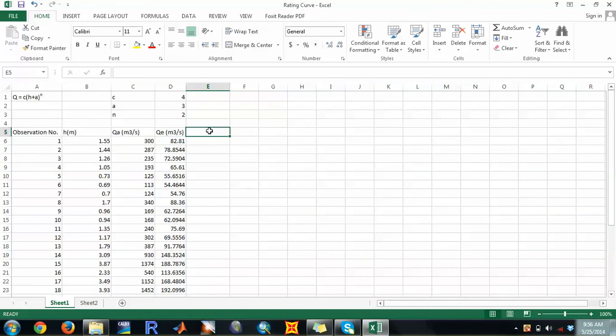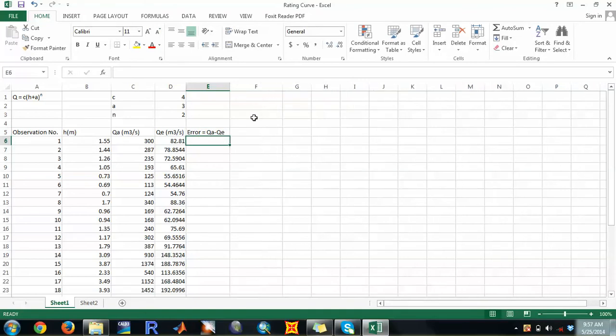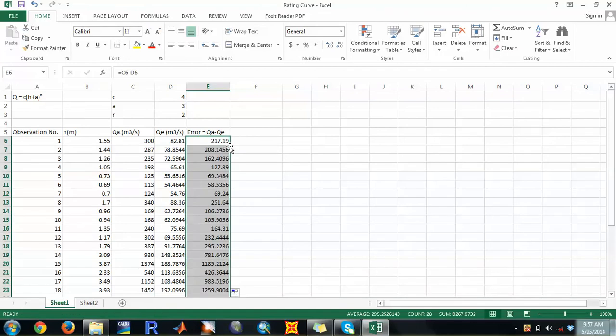The Q error is equal to the Q actual minus the Q estimated, because the Q actual is the measured discharge and the difference should be the error. Then you calculate that for the whole observation points.